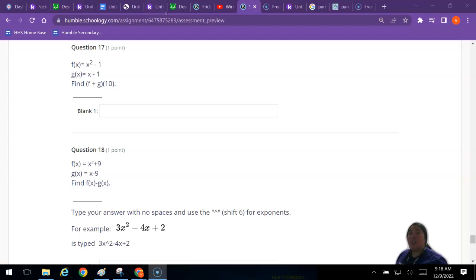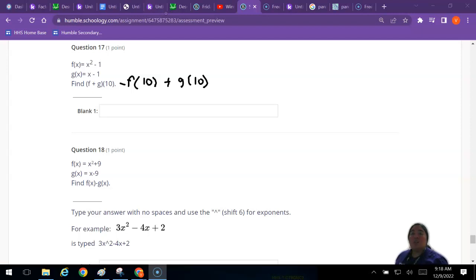All you got to do is, this also means find f of 10 plus g of 10. Okay. So all you have to do is take this, plug it in here, and take this and plug it in there, and you're good.